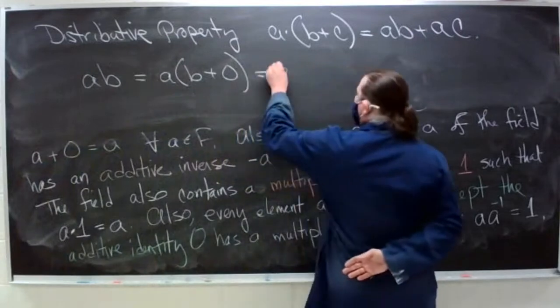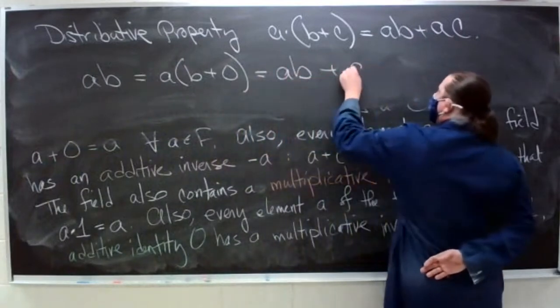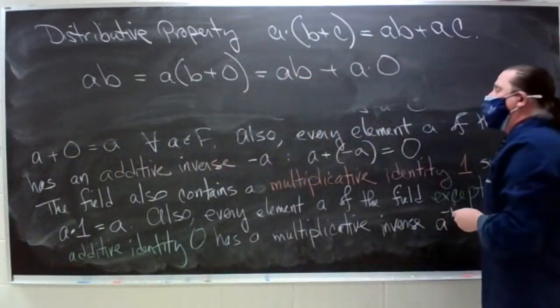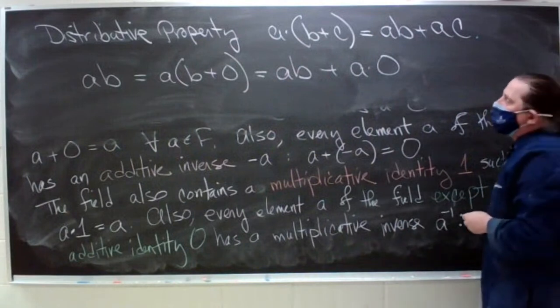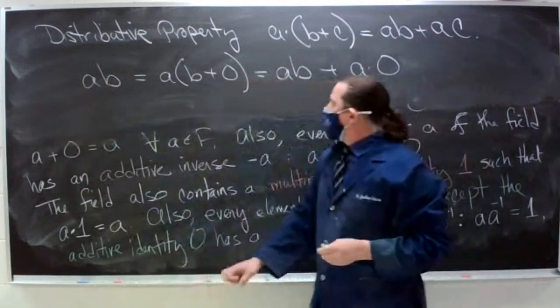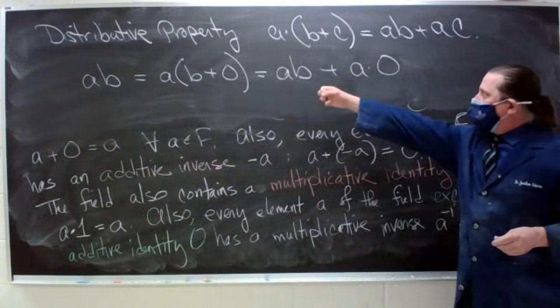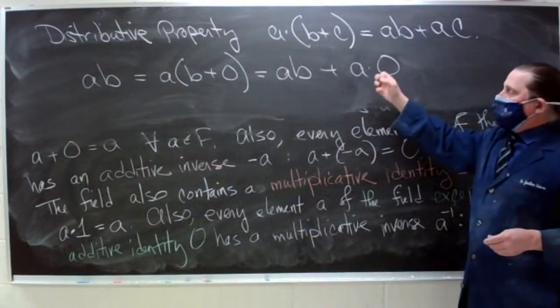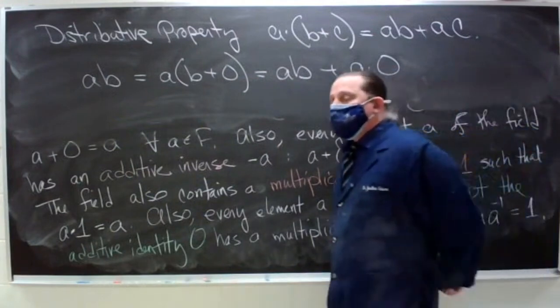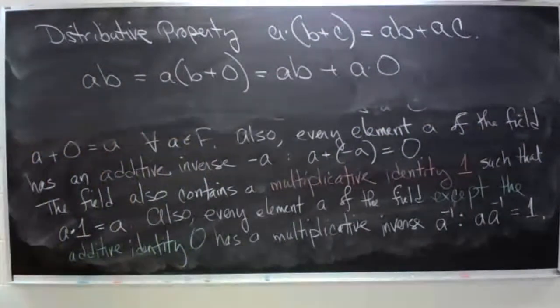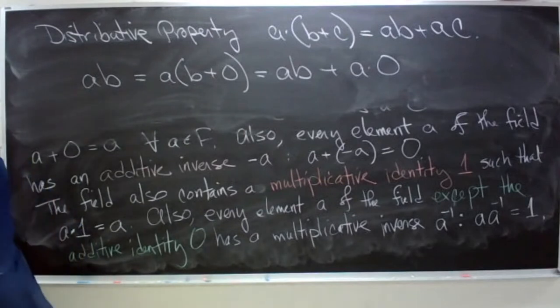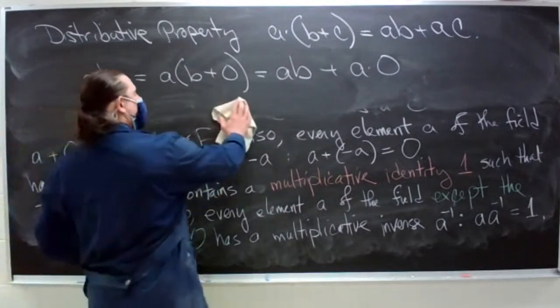By the distributive property, we would get that AB is equal to AB plus A times 0. All right, and that would indicate that A times 0 is equal to 0. Let's prove that from these axioms.